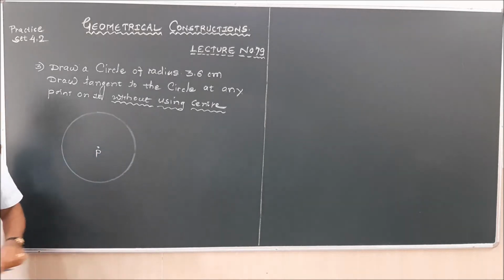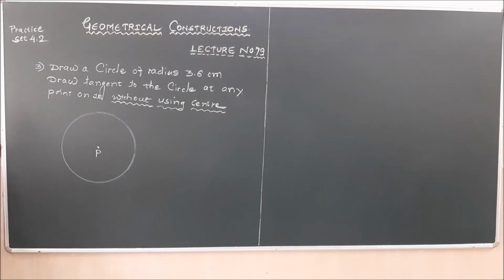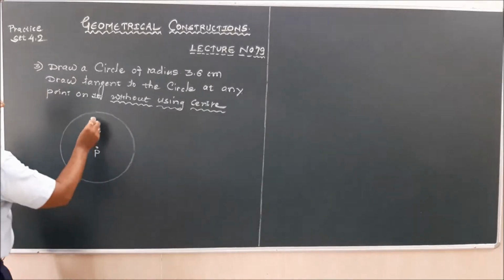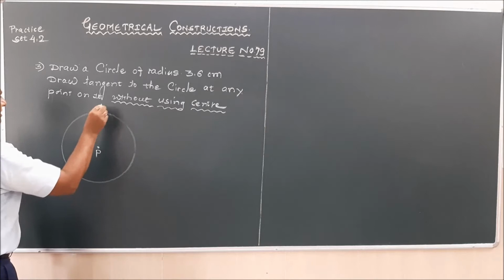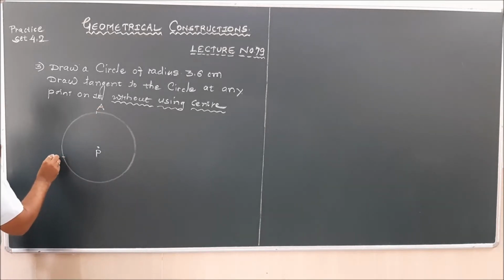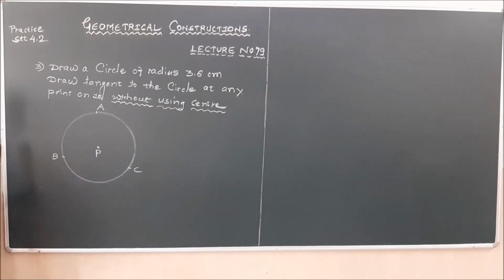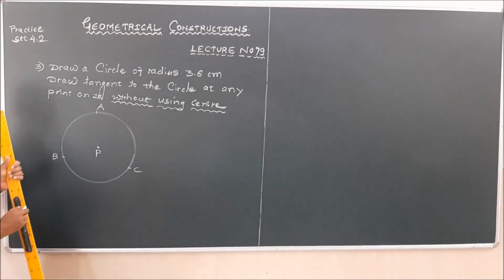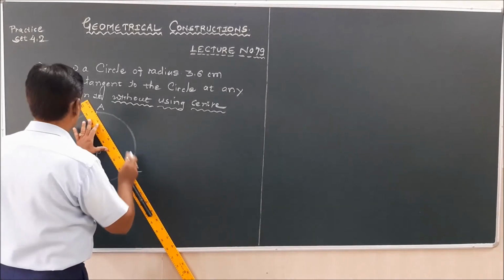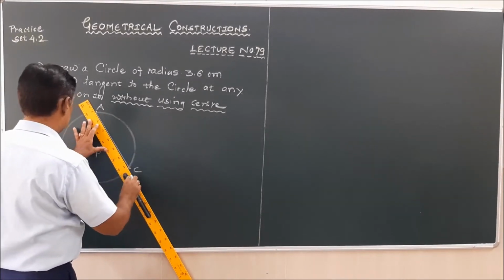Next step: draw any triangle. If I take A, B, and C, these are the 3 points. I have taken these 3 points anywhere on the circle and completed the triangle.